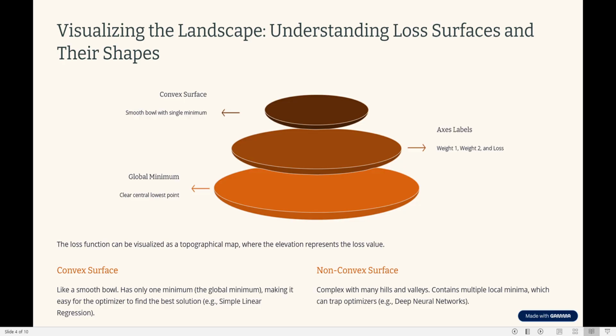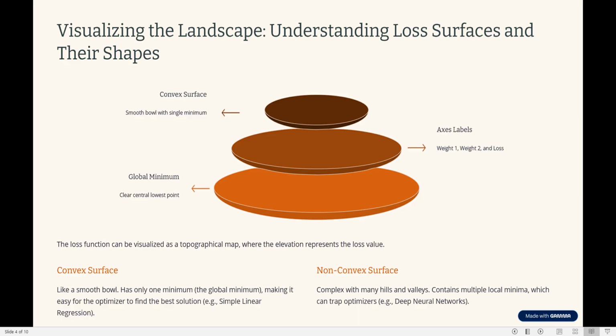A convex surface is shaped like a smooth bowl with a single lowest point called the global minimum. This is what we have in simple linear regression, with a clear best solution. A non-convex surface is full of hills and valleys. This happens in deep learning, where the optimizer can get stuck in a local valley, a local minimum.